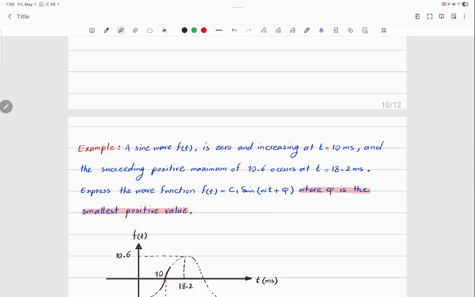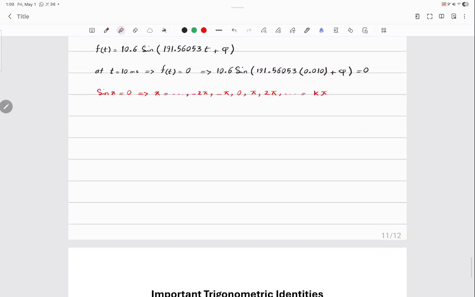So this is what I'm going to do. So far, what I know is that inside the parentheses, this is my x, right? And this should be either negative 2 pi, negative pi, 0, pi, 2 pi, and so on. So let's multiply it. Is it 1.9? Yes.